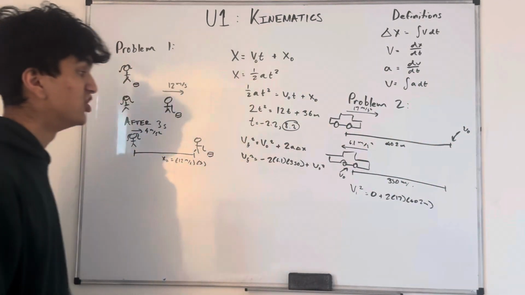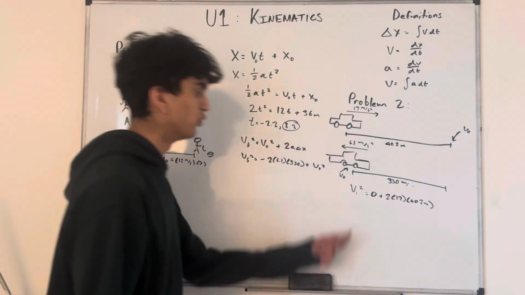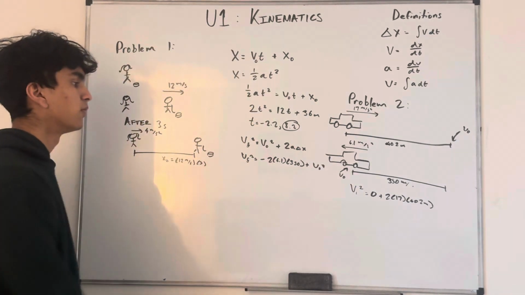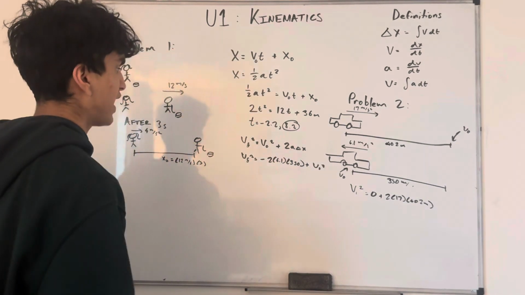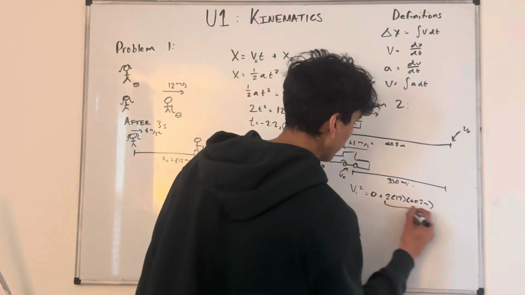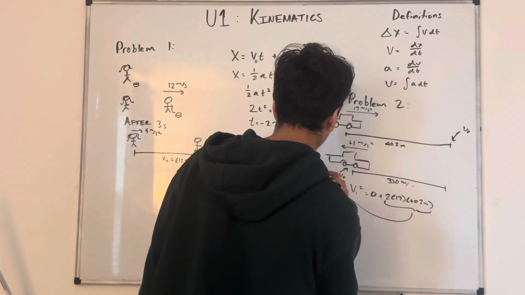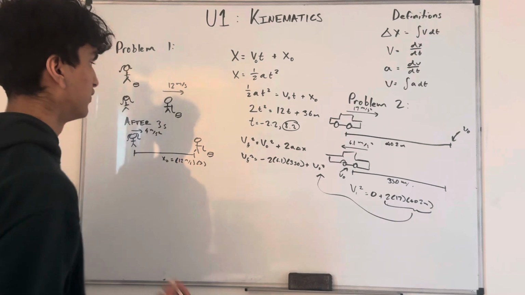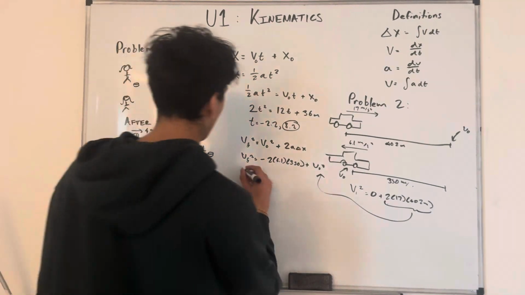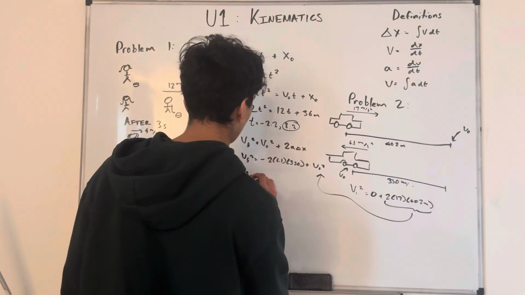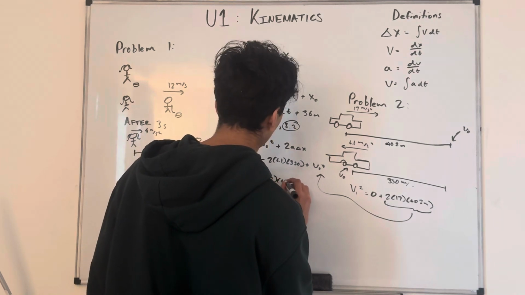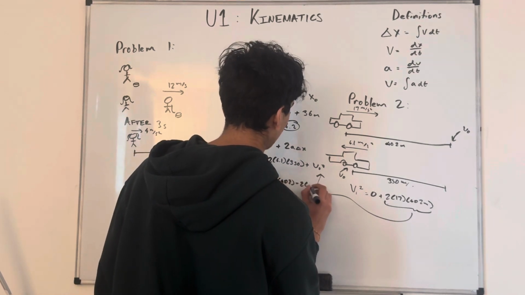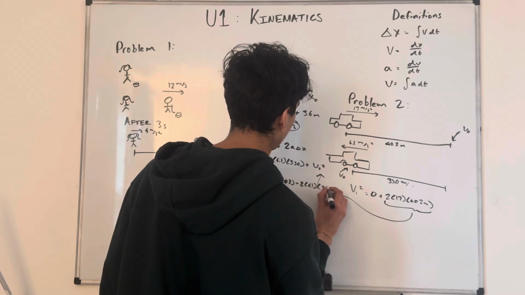Now, I could solve for v1 and square root it. But I know this v1 is the same as this right here. So I can just take this whole thing and plug it back into here. So I can say v final squared is equal to 2 times 17 times 402 minus 2 times 6.1 times 350.